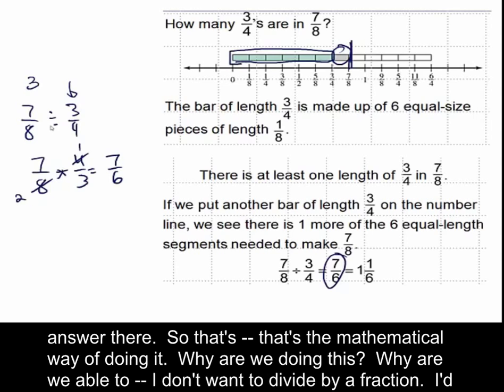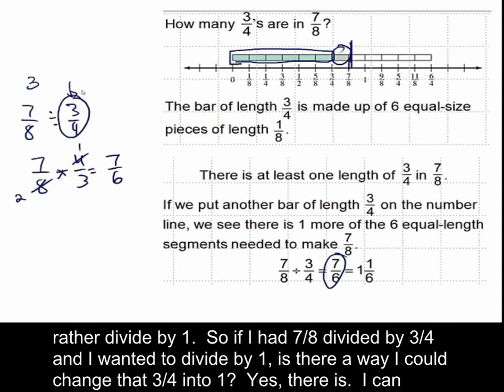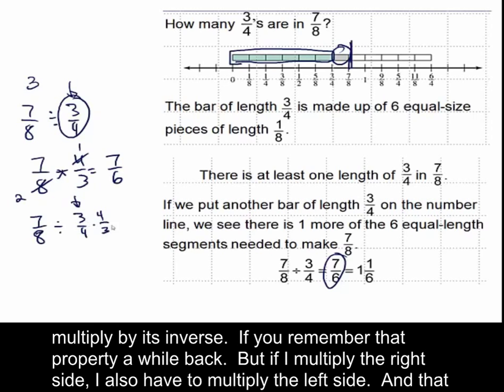Why are we doing this? Why are we able to? I don't want to divide by a fraction. I'd rather divide by 1. So if I have 7/8 divided by 3/4 and I want to divide by 1, is there a way I can change that 3/4 into 1? Yes, there is. I can multiply by its inverse, if you remember that property from a while back.